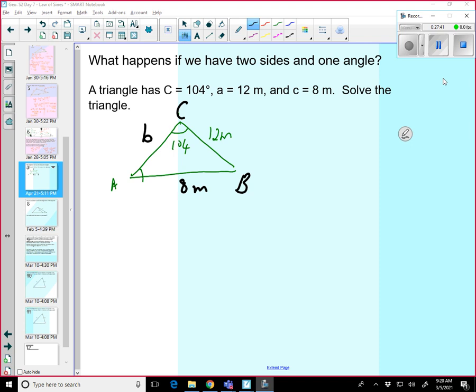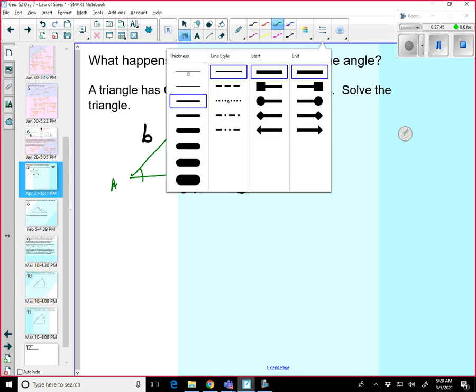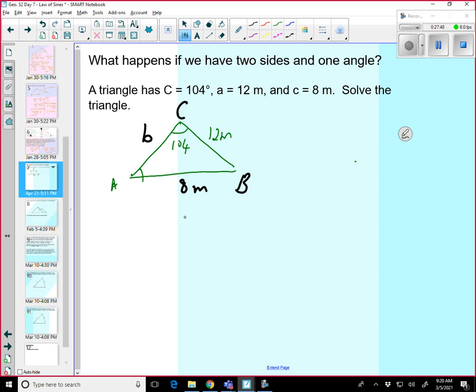Let's look into this. The first step is the things that are given to us. Side c over sine C, that is sine 104 over 8, is equal to the one that we can find, angle A, because we have this as 12 meters. So I can say sine A over 12.